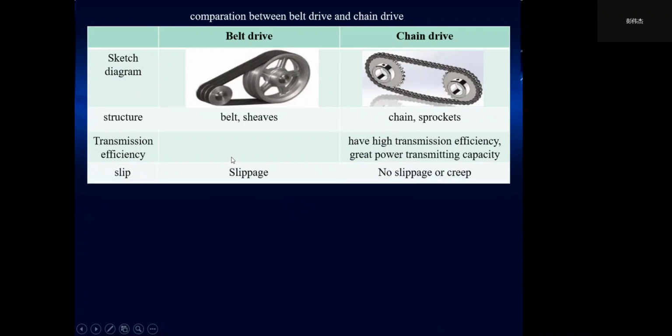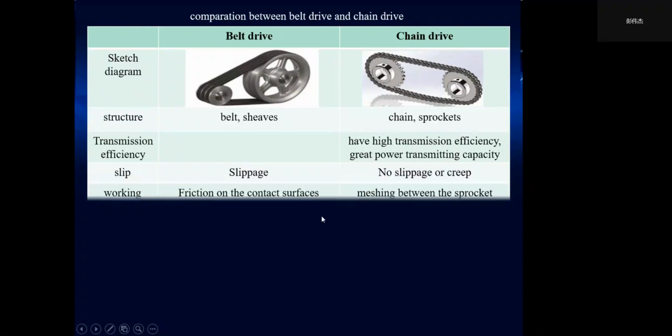For belt drives, the different tensions on the tight and slack side lead to slight relative sliding between the belt and the pulleys, which is called elastic creep or slippage, but low slippage or creep is involved between the chain and sprocket teeth.